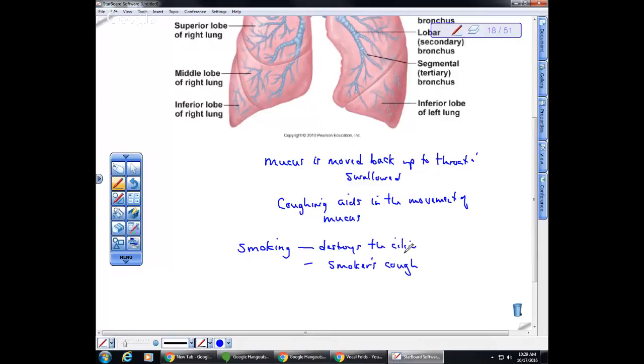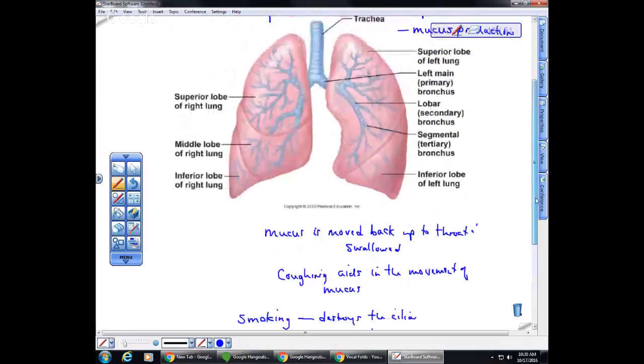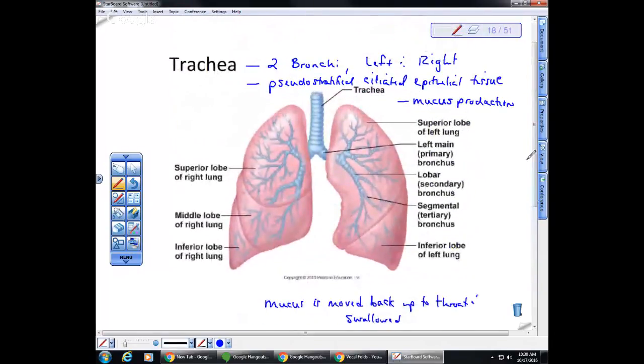And what they're doing is they're actually doing all the work that the cilia would normally do overnight, but it didn't happen overnight. So they cough in the morning. And so that's actually a good thing to get that mucus up and out of the lungs. Okay, so that's the idea of the trachea as being also a place where the air is filtered.